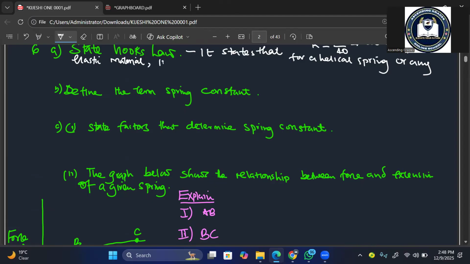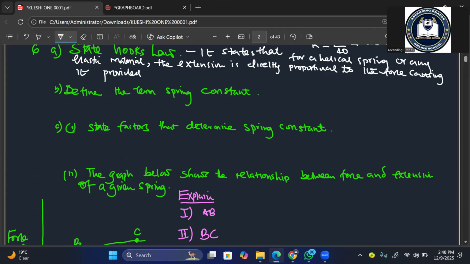the extension is directly proportional to the force causing it, provided that the elastic limit is not exceeded.